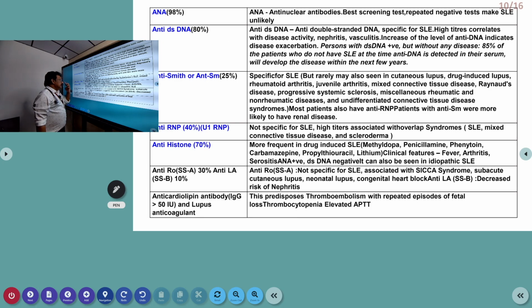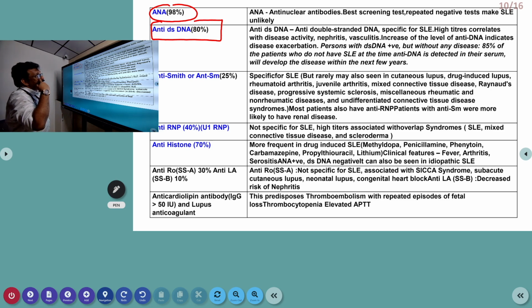Now, we have already seen that there are a lot of antibodies which can be positive in SLE. ANA, which we have already discussed, can be positive in 98% of SLE, and it can even be seen in other diseases. Anti-dsDNA is another important antibody, which is positive in 80%. It is double-stranded DNA.